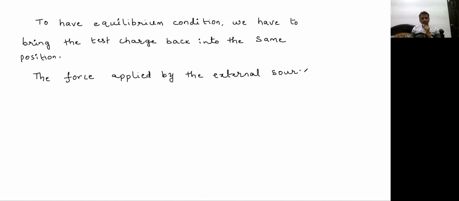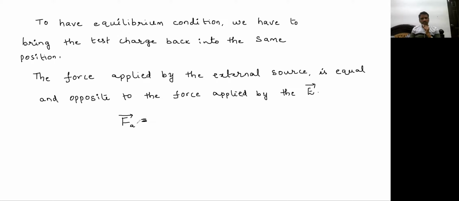A here represents applied, external. We don't denote it with E because FE actually represents the electric field, that's the reason I'm not representing it with FE. Let us denote it by FA, which is equal and opposite to the force applied by the electric field. So EQT is the force applied by the electric field, and minus E into QT will be the force applied by the external source. I'm calling this the second equation.